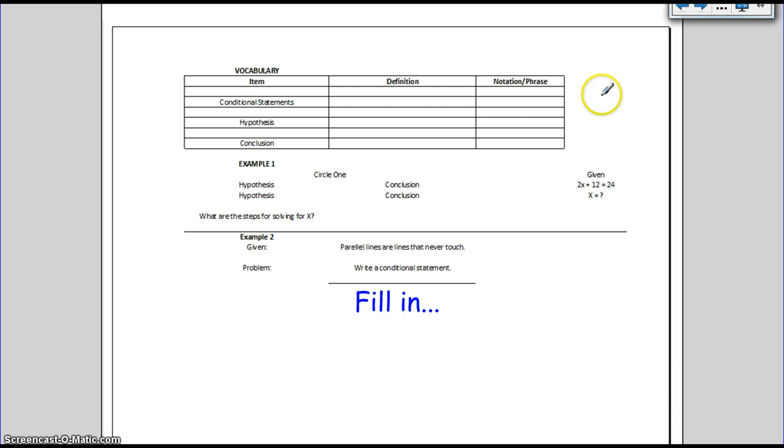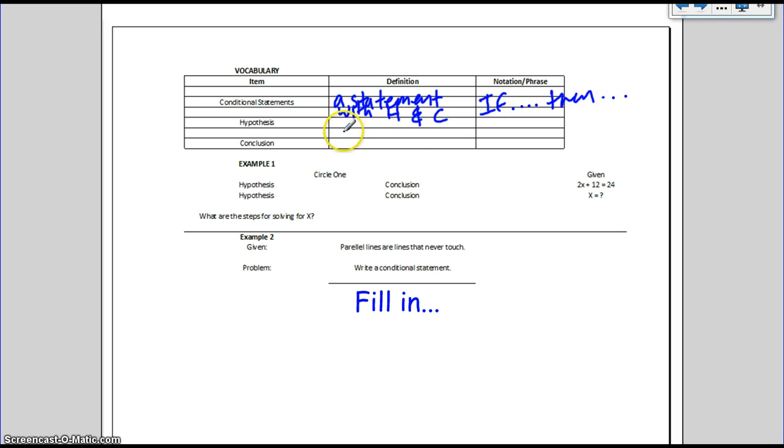So make sure you fill in, just so you know, the conditional statement definition: a statement with a hypothesis, I'm just going to write H, and a conclusion. So the phrase you could do is if something, then I get something.